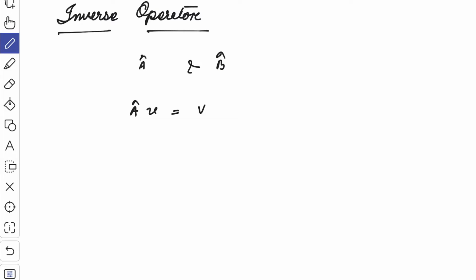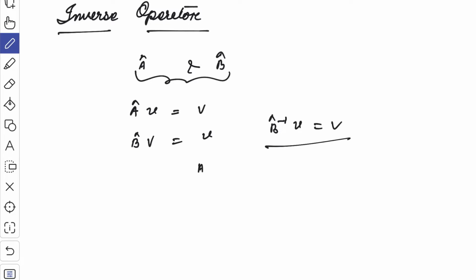And again, if b operates on the function v and it gives u, then these two operators are said to be inverses of each other. So b cap is the inverse of a cap.